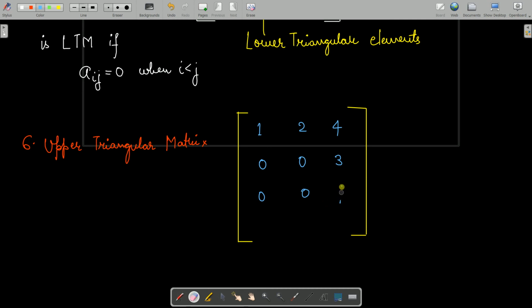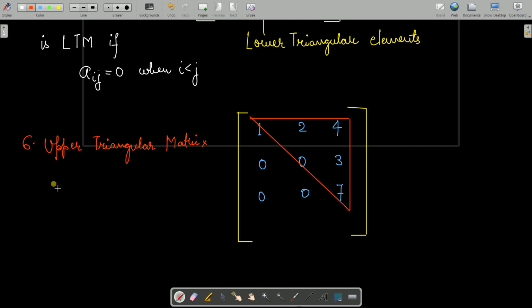Yes, let's say 7. Okay, so here as you can see clearly that this is my upper triangle, and all the elements apart from this upper triangle are all 0.